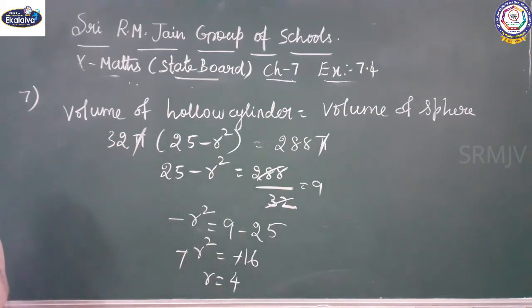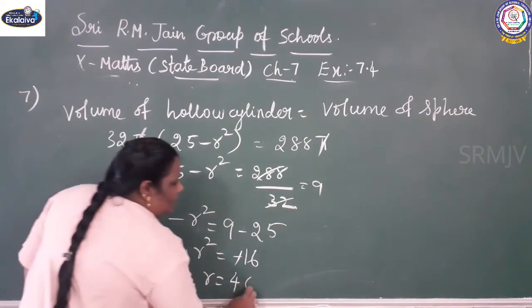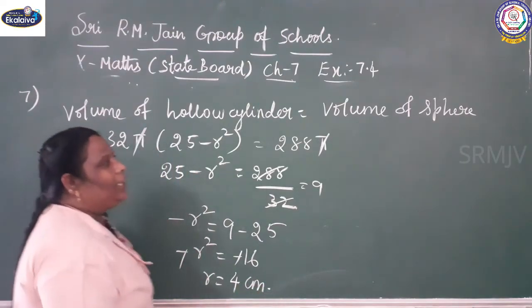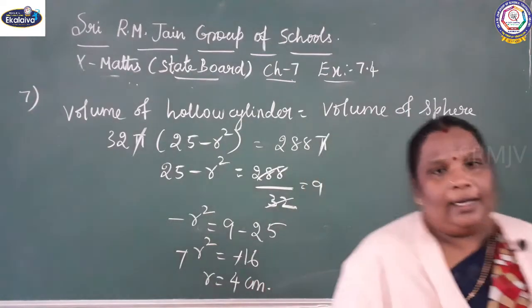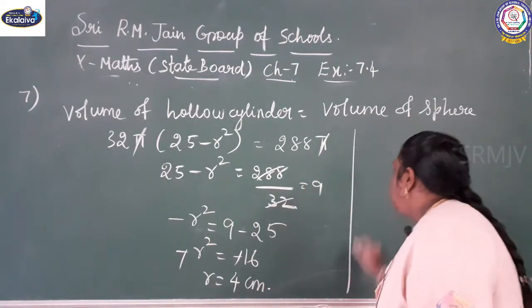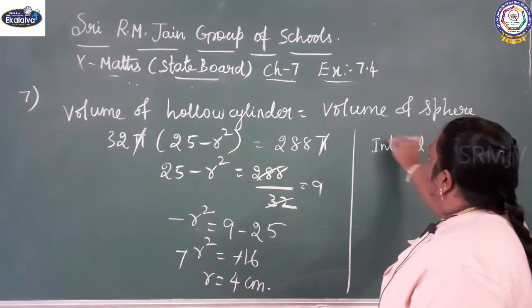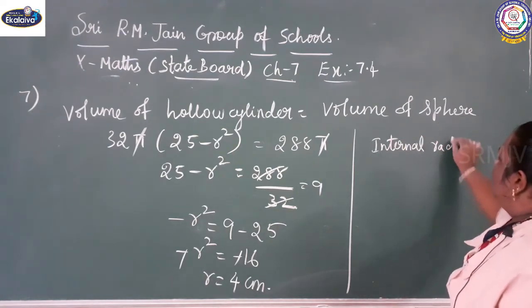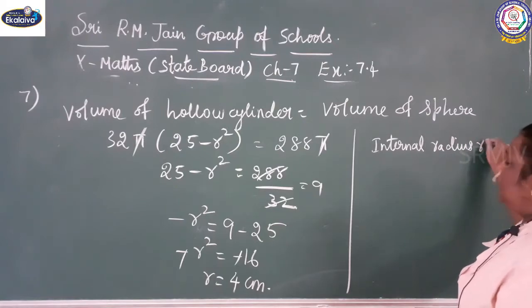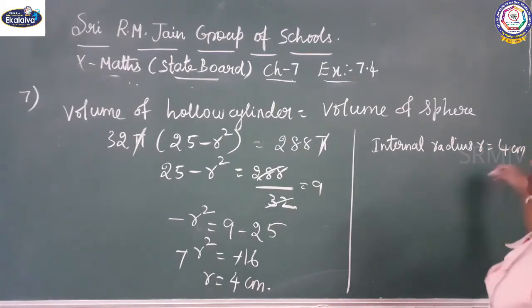The radius cannot be negative, so you take the positive value. r equal to 4 centimeter. It is nothing but the internal radius, r equal to 4 centimeter.